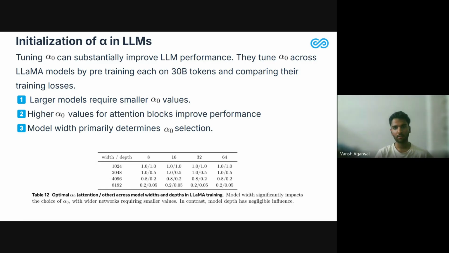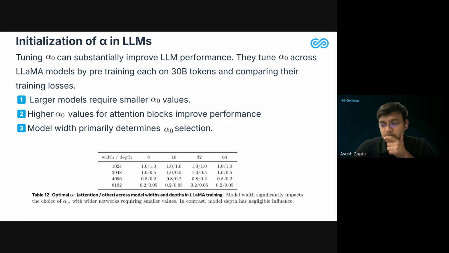So we are saying, could it also be the fact that for attention, we actually need to focus on far fewer tokens than for non-attention blocks?